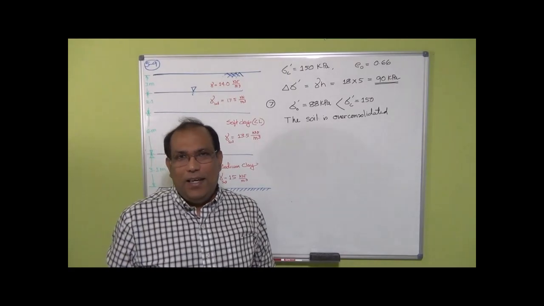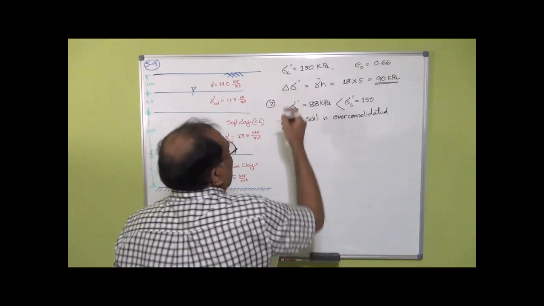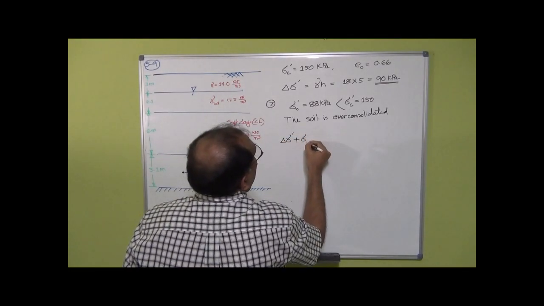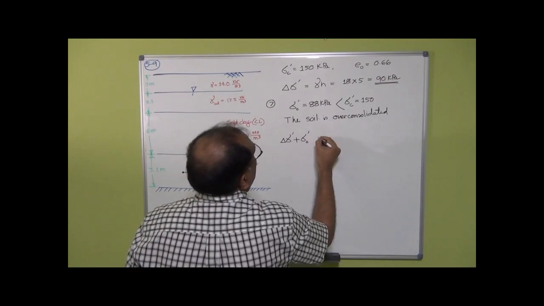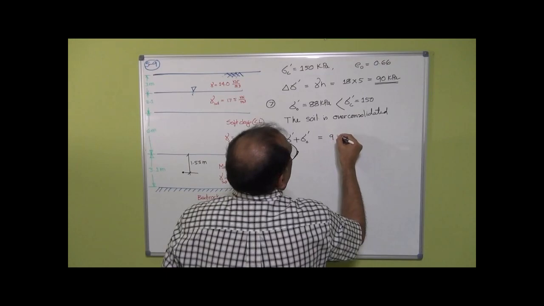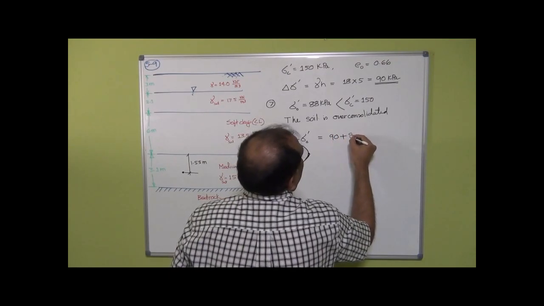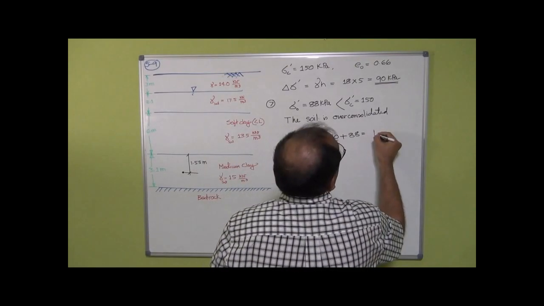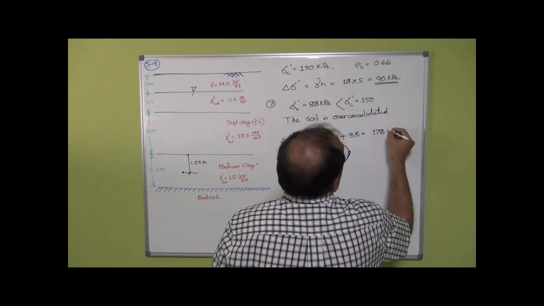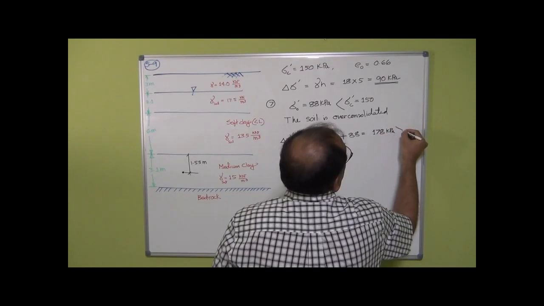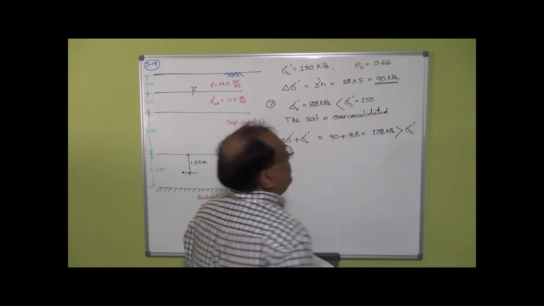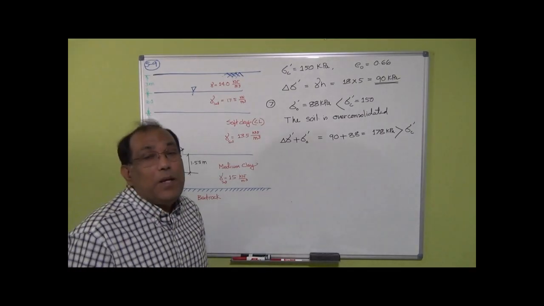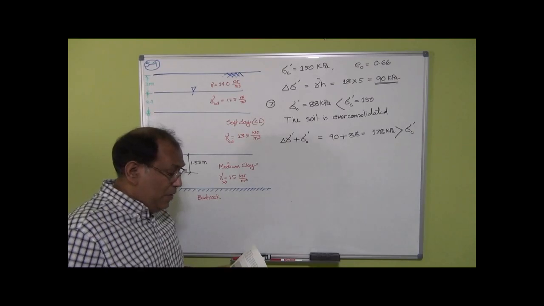So I have to check again whether after adding del sigma prime plus this one, so you can see 90 plus 88, which is actually 178 kPa, this one is greater than sigma c, the pre-consolidation pressure. So when this one is greater than the pre-consolidation pressure, then I have to use the big equation here.